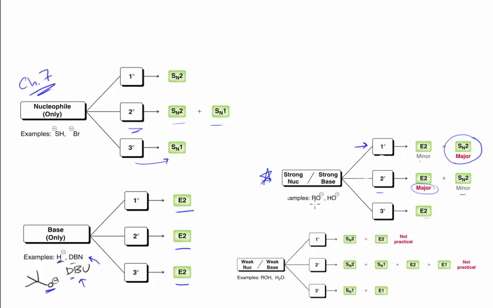So methoxide is a good example here, ethoxide, and really any sort of alkyl oxide. We're not going to get much more complicated than propyl oxide here, or OH minus. Those are all good nucleophiles and good bases, and if we have a secondary or tertiary substrate, the major product's E2. Otherwise, sterics play a role, and we get a substitution with our primary substrate.